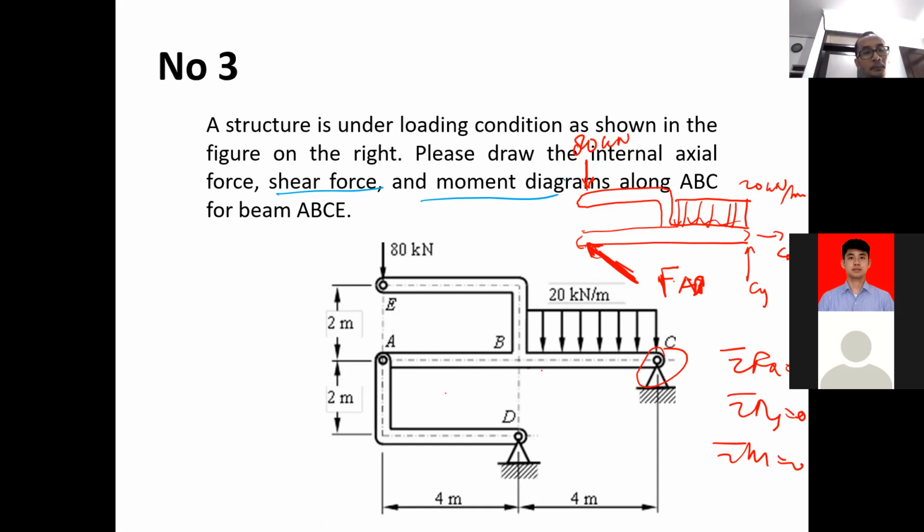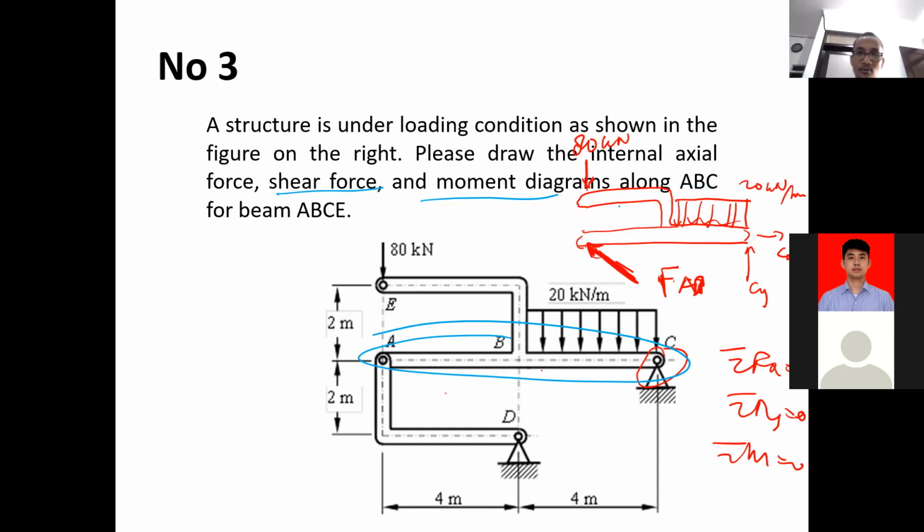How many sections? I think supposed to be just one cut. One cut. Are you sure? We need A, B, C, right? This one is a distributed force, and this one has nothing here, right? So we have to do two cuts, right?